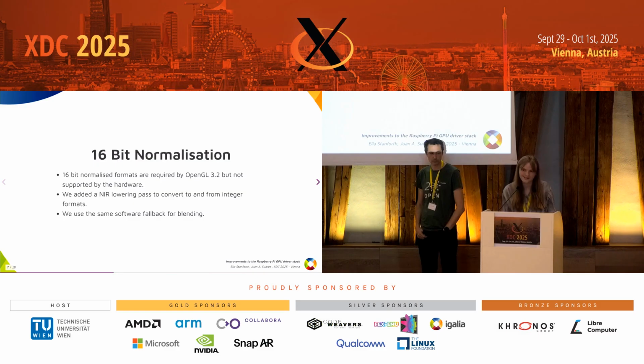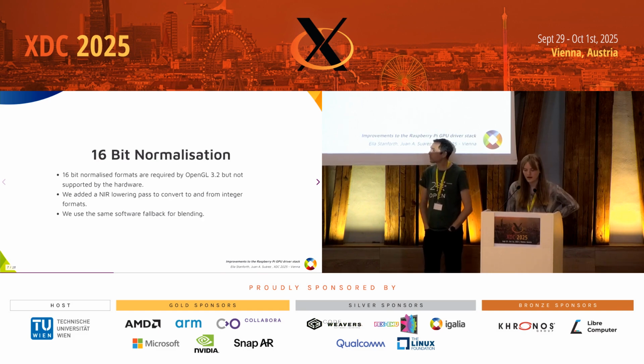Next up is 16-bit normalized formats. For these, the hardware also doesn't support them at all, but we do support 16-bit integer formats, and we can emulate normalized format support by adding pack and unpack on every load and store output instruction in the shader.